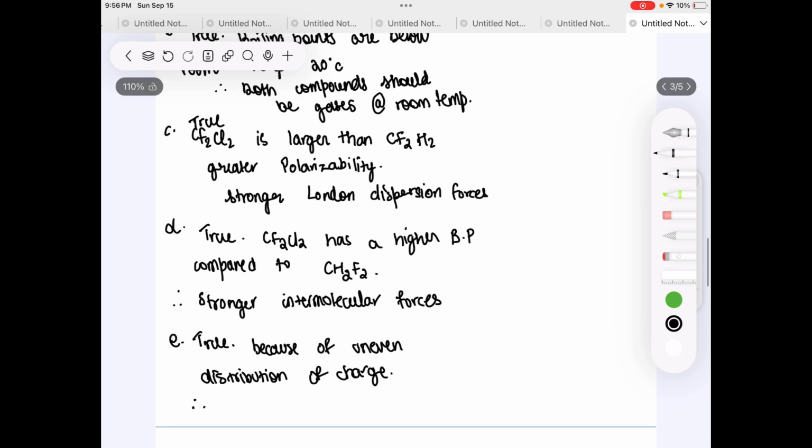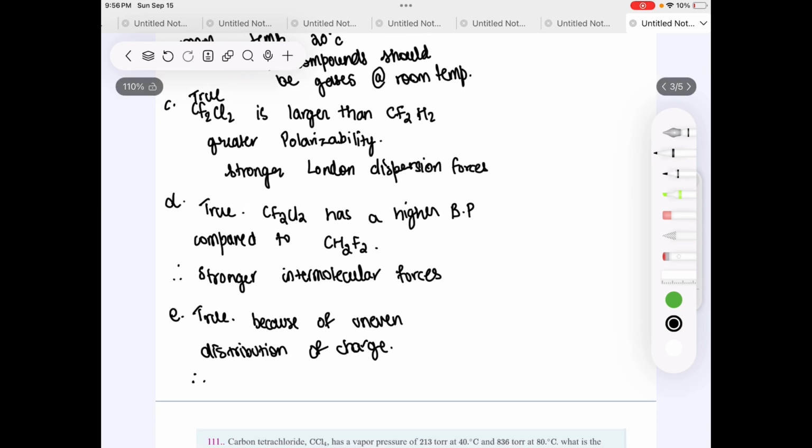Therefore, both compounds exhibit dipole forces.